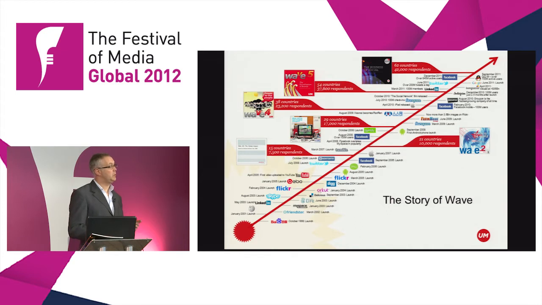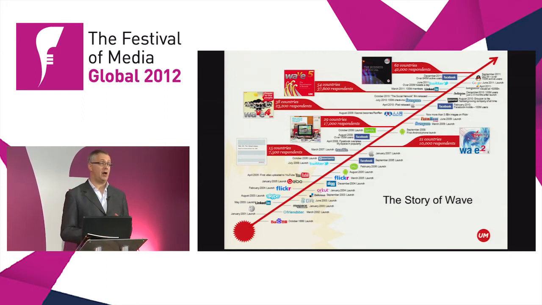We could also see from our previous studies that there was a lot of conversation and recommendation. What we wanted to know was, was it influential? And Wave 3 told us it was really fundamental. All these conversations happening online were having real effects on how people behave, and on their attitudes and opinions towards brands. We needed to understand that if we're going to engage in the social space.